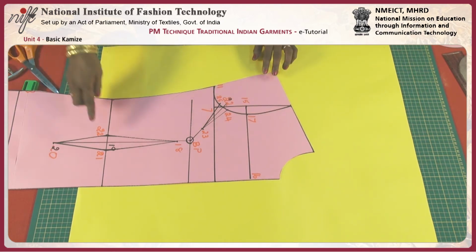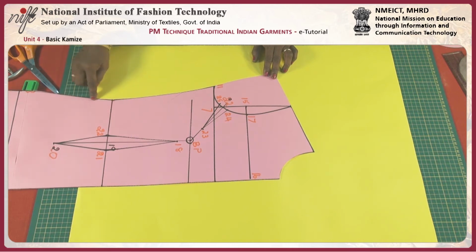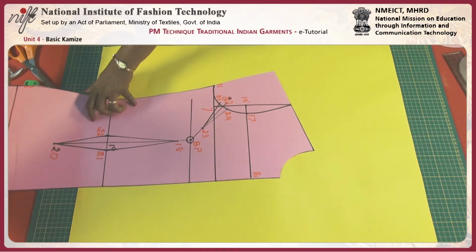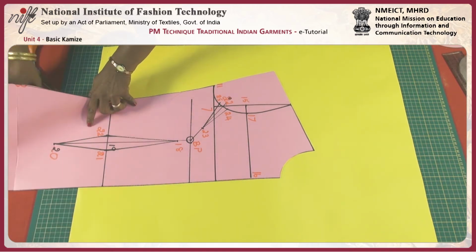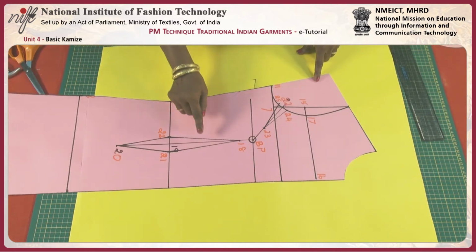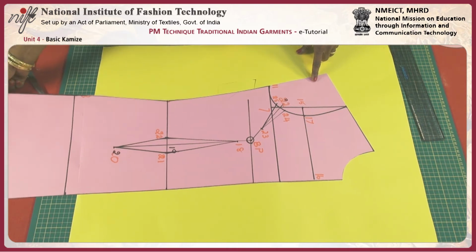Now the waistline dart has been trued and the side seam should also be trued. Here the armhole dart has to be trued. We already blended the dart legs and then the side seam also.